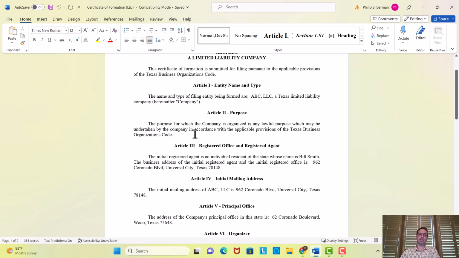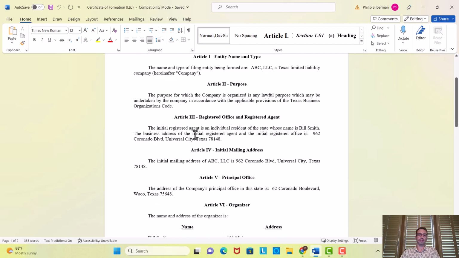That has to do with the doctrine of corporate opportunities that's been extended to LLCs. It's basically liability associated with having competing LLCs or competing companies. But if it's a single purpose entity and you specify that single purpose, then you limit your members' exposure. So that's very important to be specific about your purpose in Article 2.